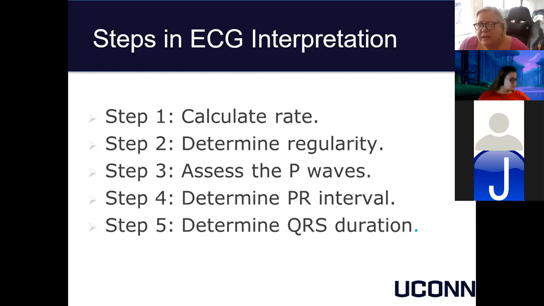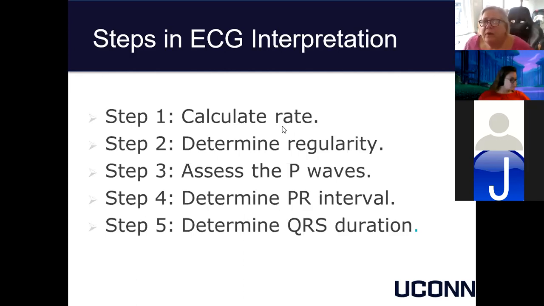Step 3, let's look at our P waves. Do we have P waves? It's a great place to start. Are they regular? Again, you have to map this out. Then you measure your PR interval. And you measure the width of the QRS, or width and duration in this case are synonymous.